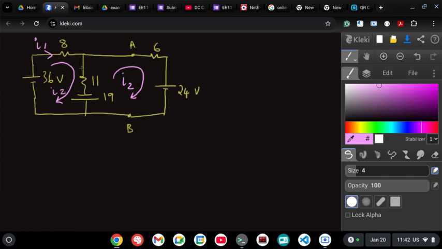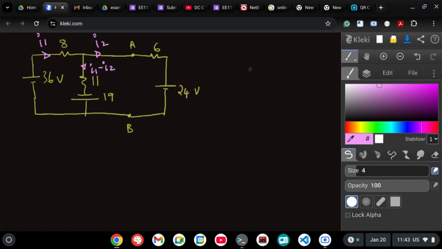Otherwise, why confuse further? I'll just go back and simply consider like this. Let's say this is I1 and this one is I2. So obviously this one will be I1 minus I2. Now all the branches are labeled with the currents.